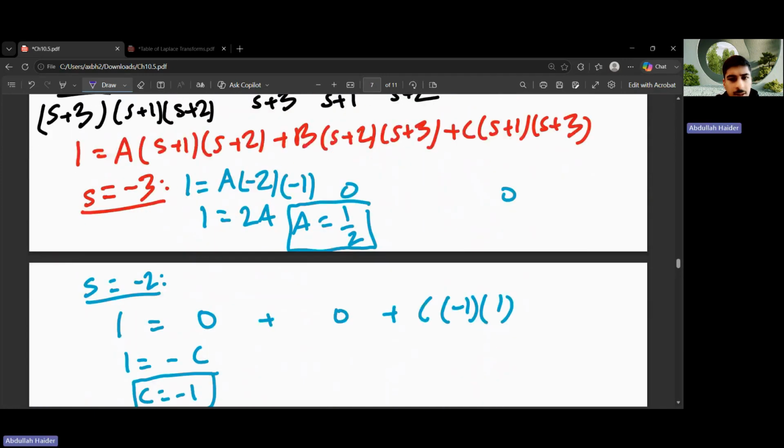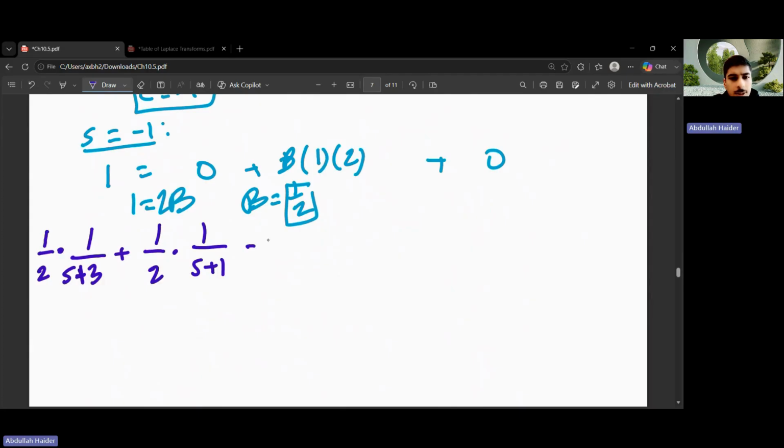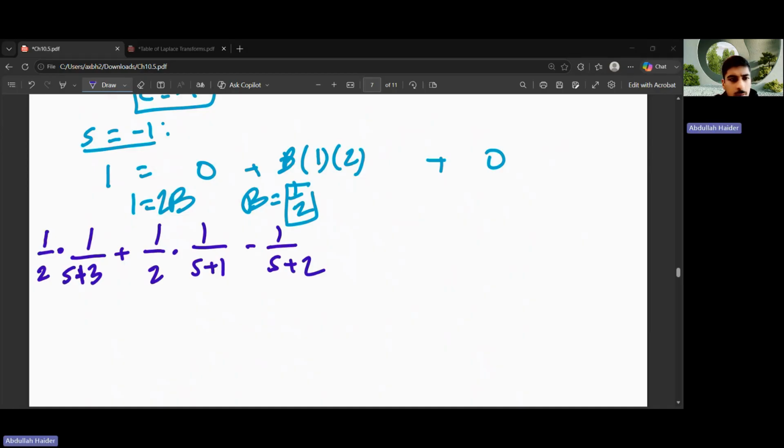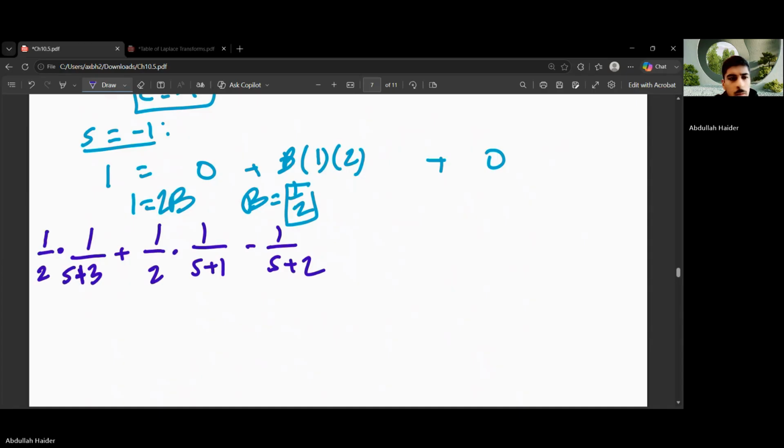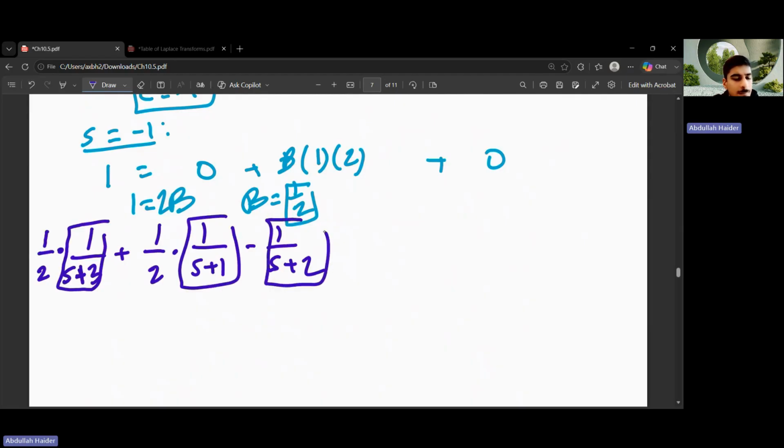C is negative 1, so minus 1 over s plus 2. So if I do the inverse of all of these, I'll get 1 over 2 e power minus 3t plus 1 over 2 e power minus t minus e power minus 2t.